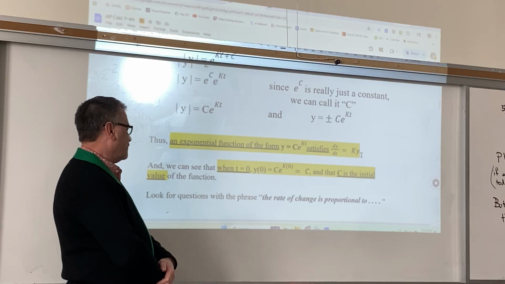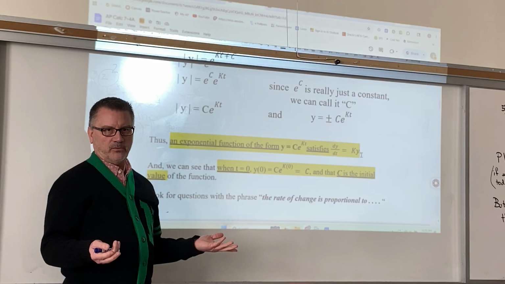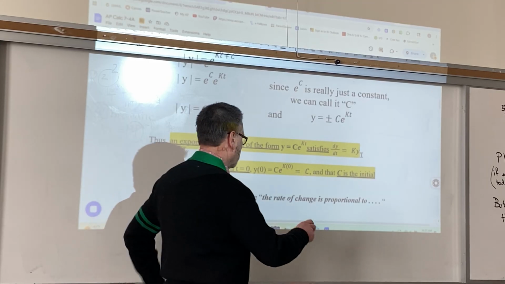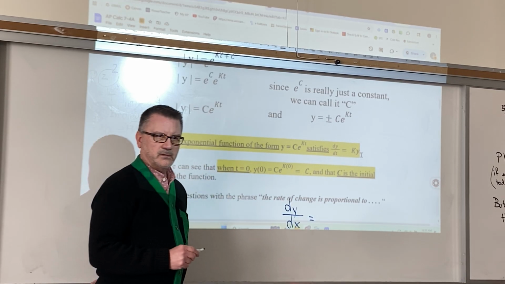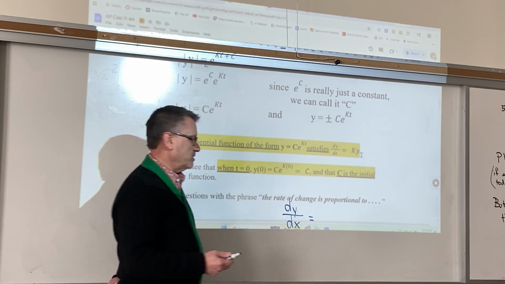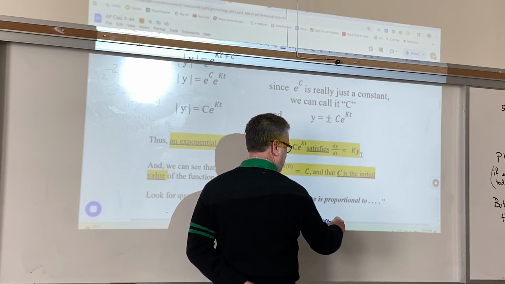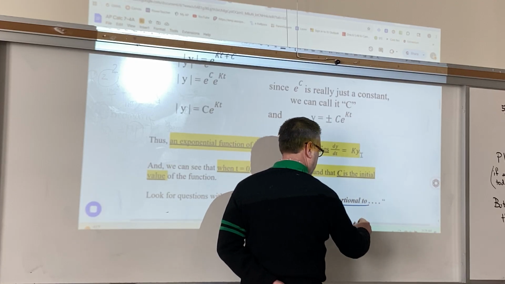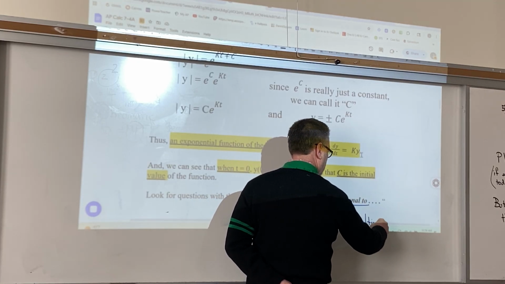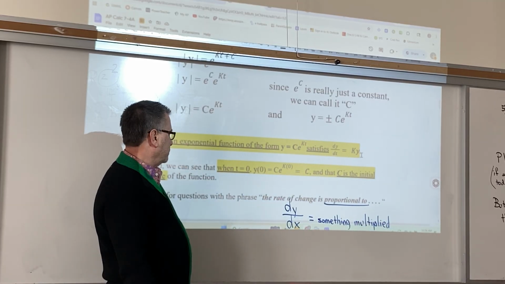And on the AP, look for questions with the phrase the rate of change. Oh, rate of change. That's derivative, dy dx. Proportional to. Look for something, the rate of change is proportional to. That means something multiplied. Something multiplied like this.